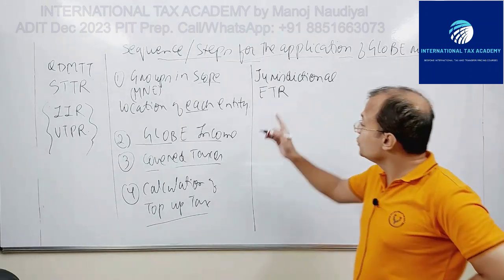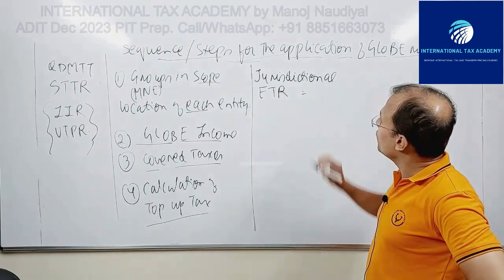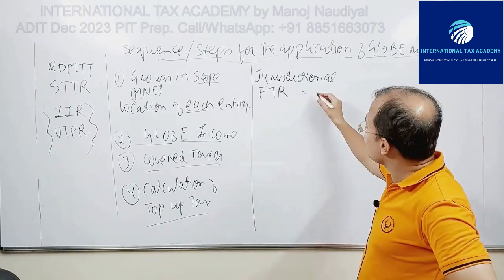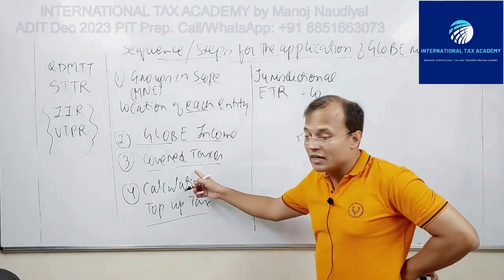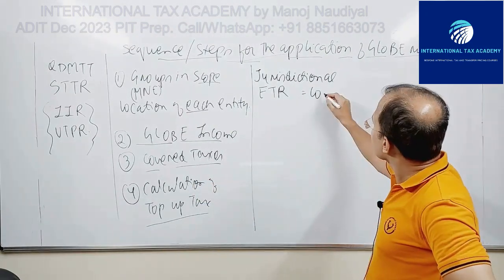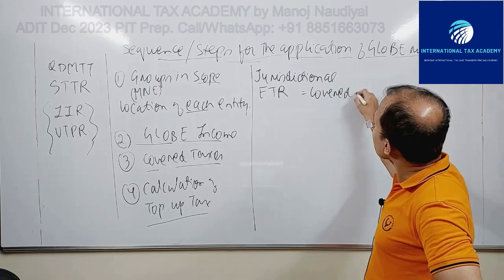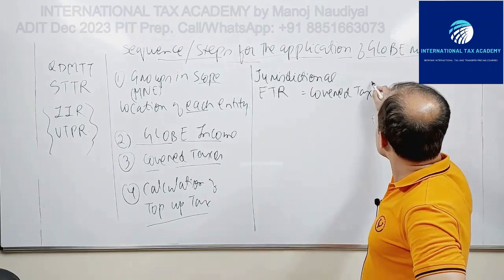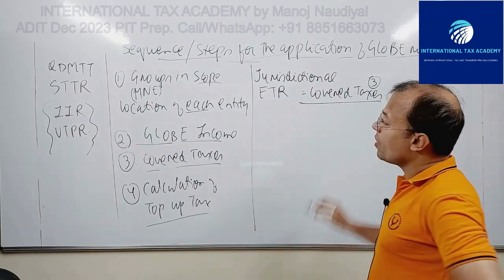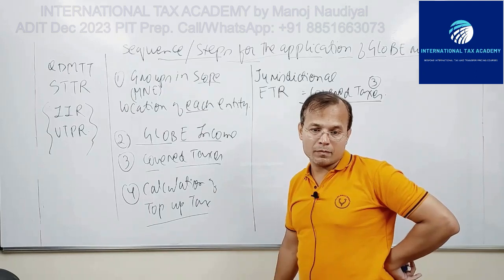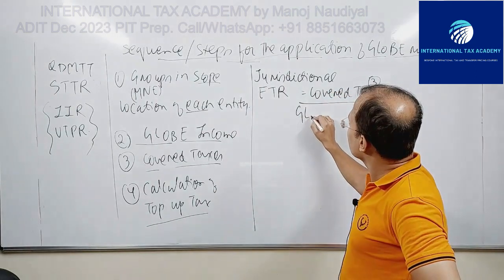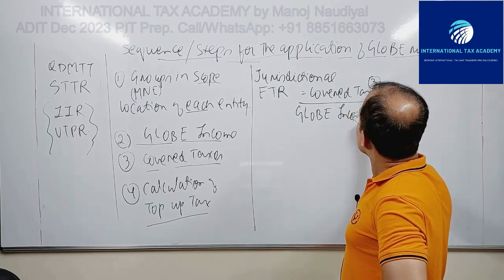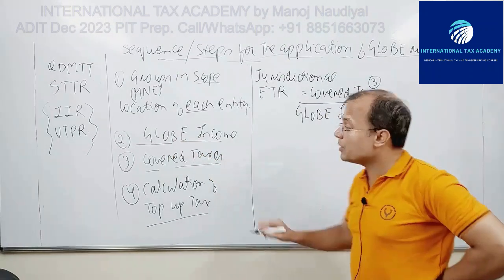Jurisdictional ETR is equal to effective tax, which is the covered taxes that we have already calculated in step number 3, upon the GLoBE income that we have calculated in step number 2.